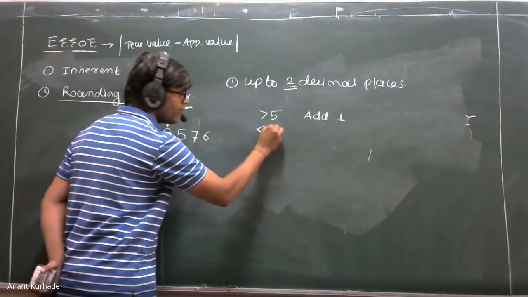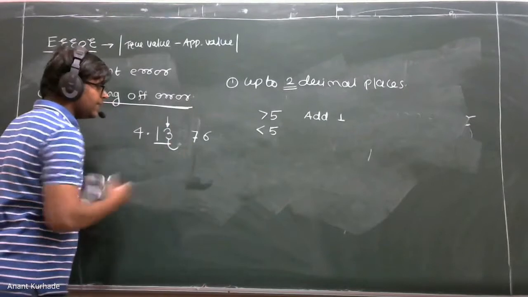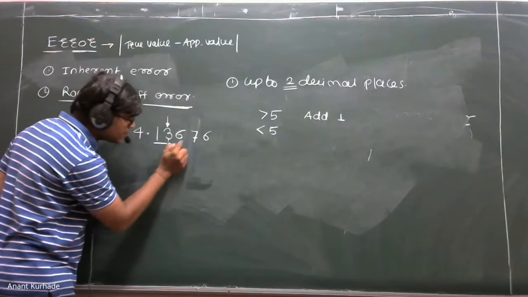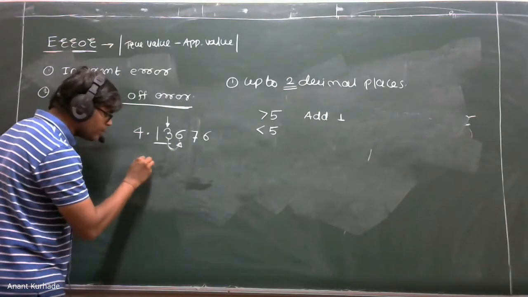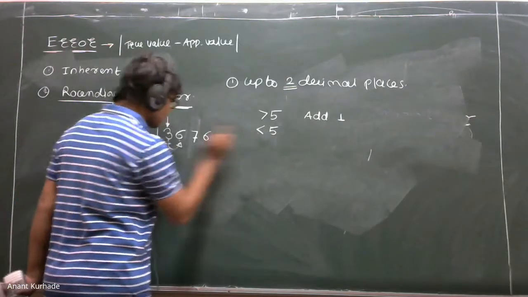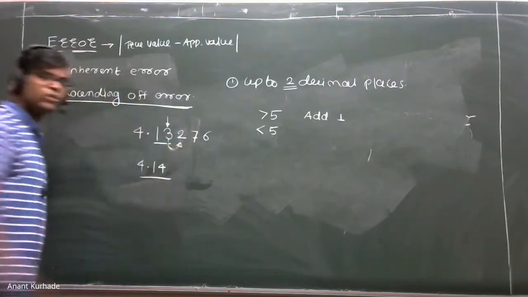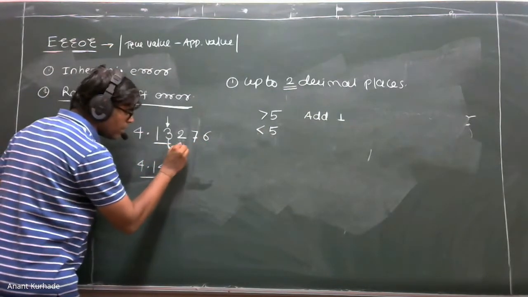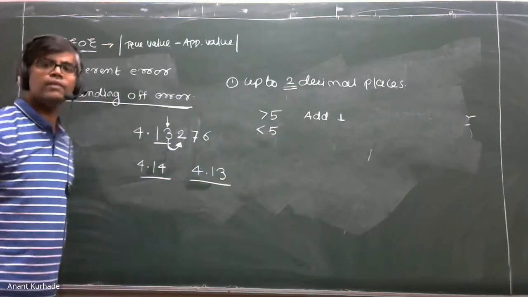If it is less than 5, for example if the next decimal place is 2 or 0 or 1, then after rounding up to two decimal places your answer will be 4.13.